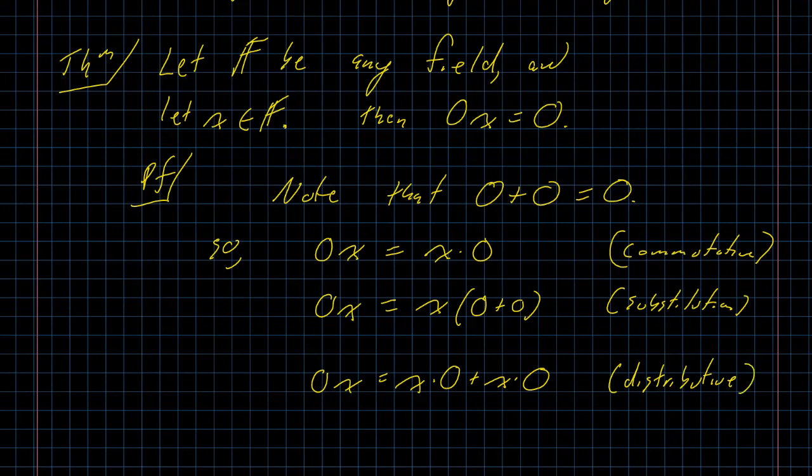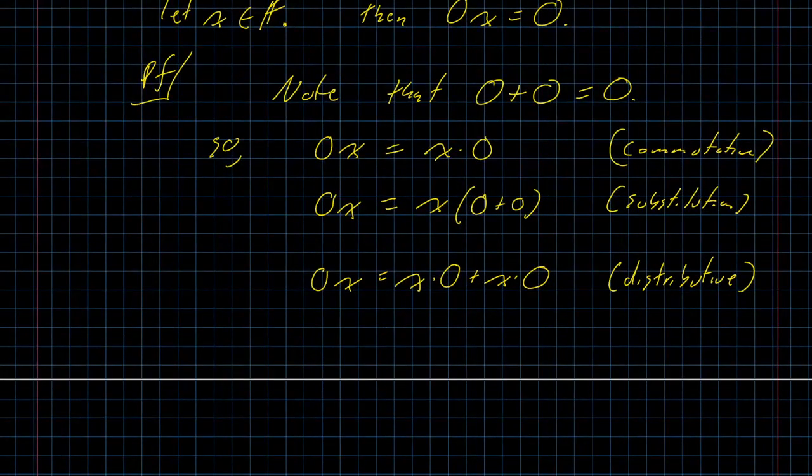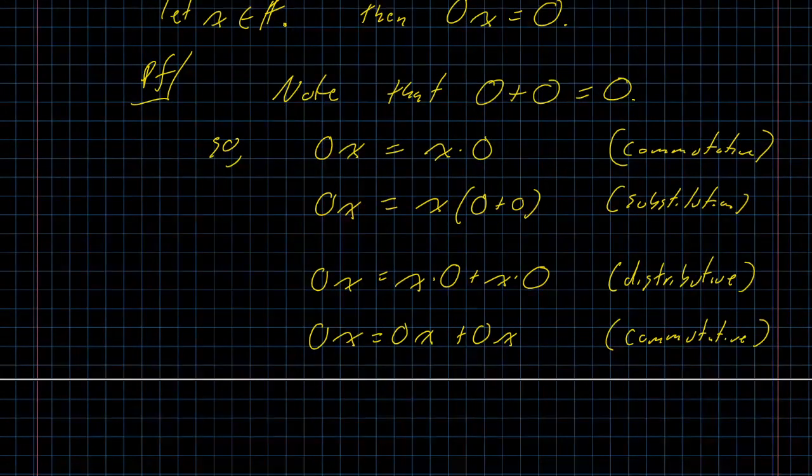Let's distribute that x and then rewrite that in a way that makes a little bit more sense. Now remember, you know and I know that if you multiply anything times 0, you get 0.